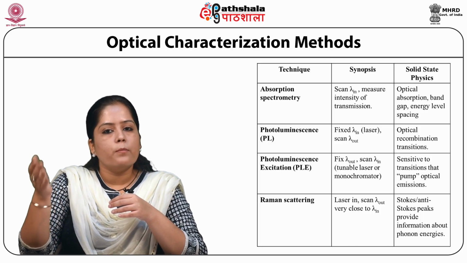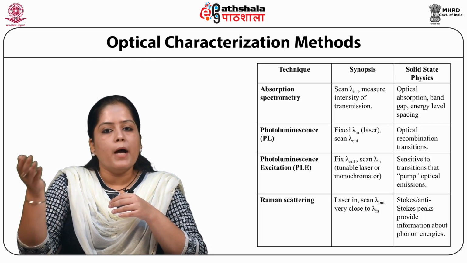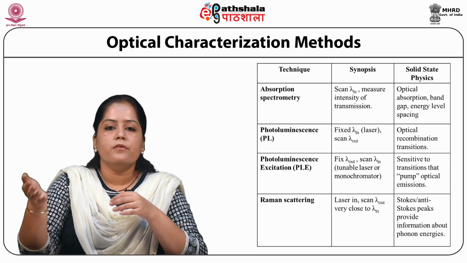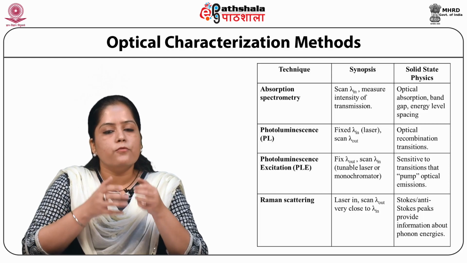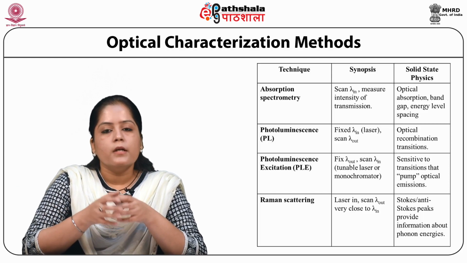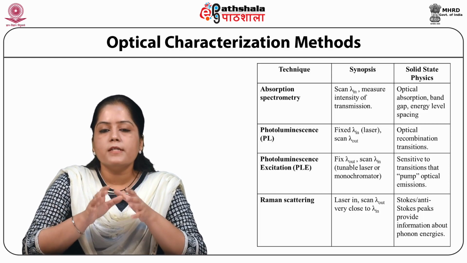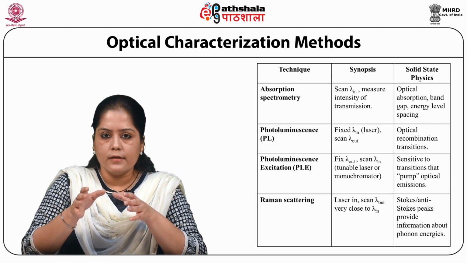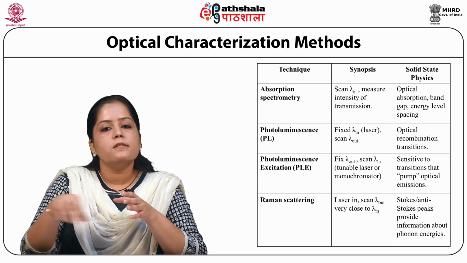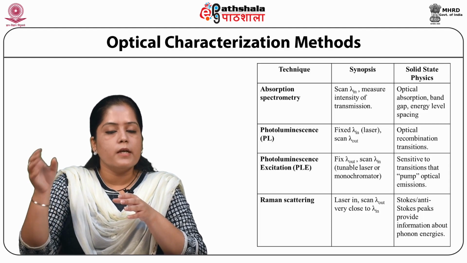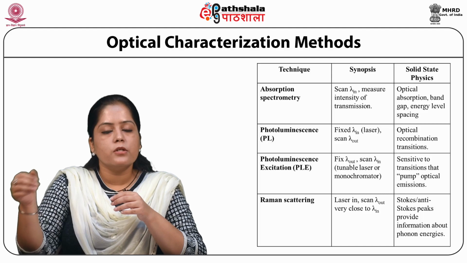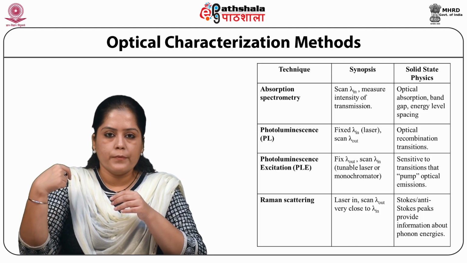It is used in optical absorption, band gap, and energy level spacing determination. Next is photoluminescence. Here there is a fixed wavelength of the laser and it scans the output wavelength. It is used for optical recombination transitions.